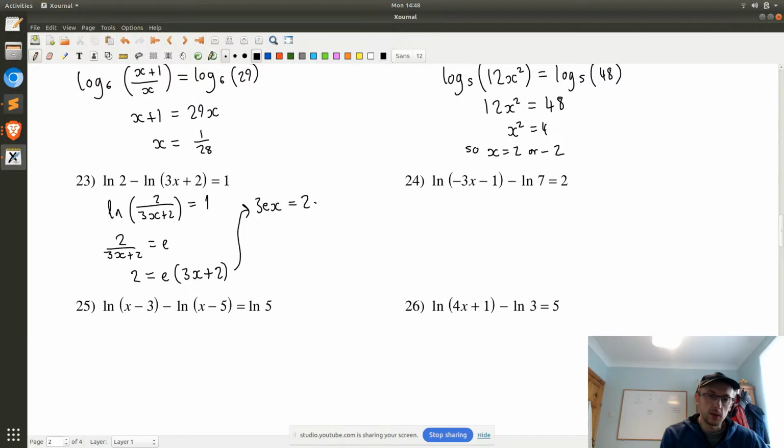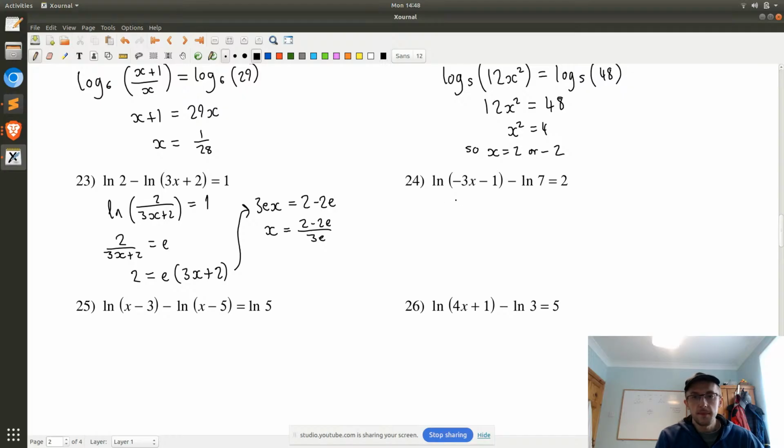So 2 take 2e, like that. Divide both sides by 3e. 2 take 2e over 3e. Which I guess is, yeah, I'm fine with that.